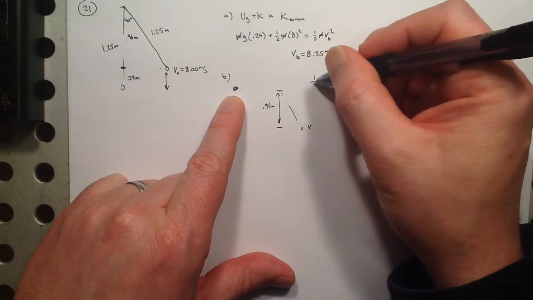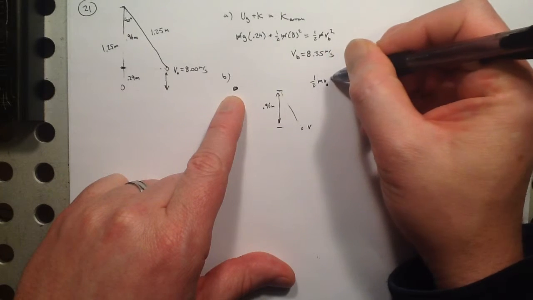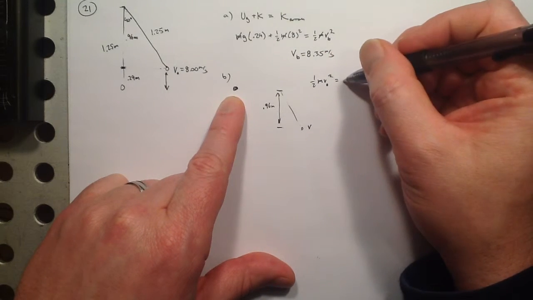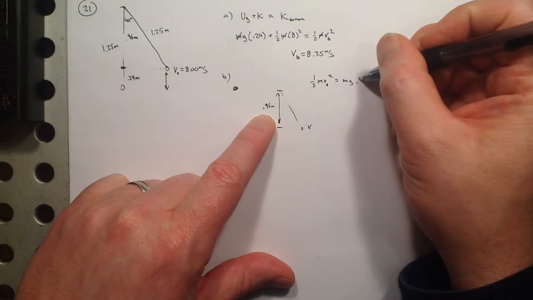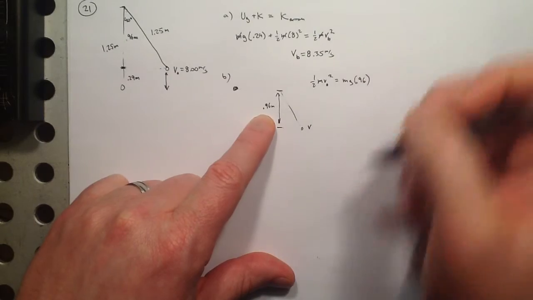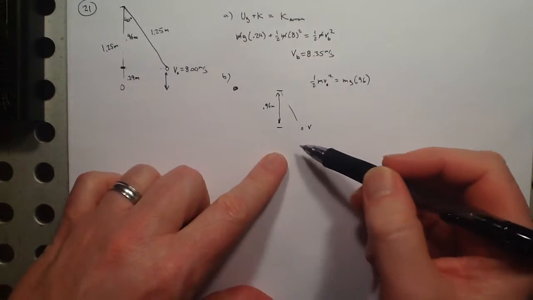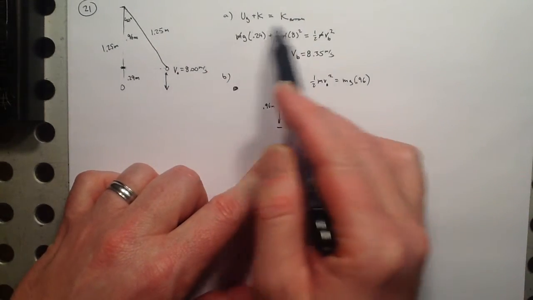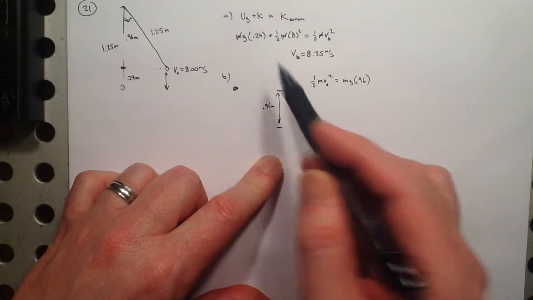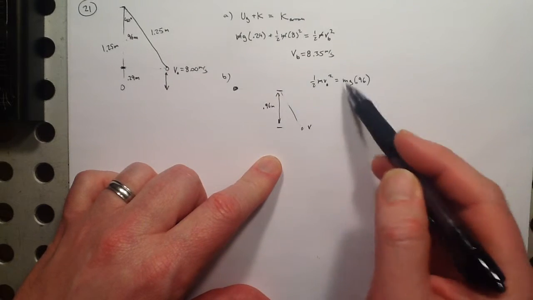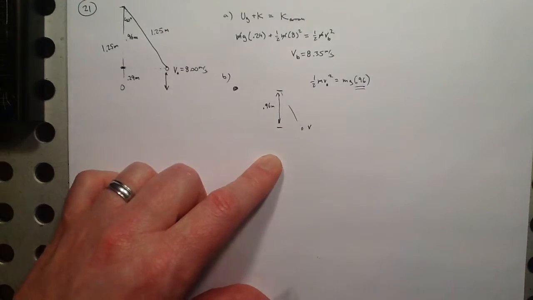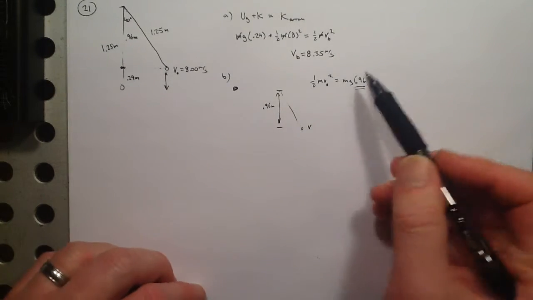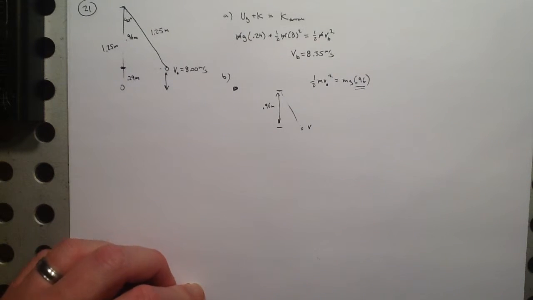So 1/2 m v sub 0 squared would have to equal mg, and then it's going to go up by 0.96. If you set this up with an equation that looked more like this on the left side, you can do that, but it's going to reduce to this because what really matters is the change in height, right? If you've got mgh's on both sides, when you subtract one over, you're going to get that same thing.